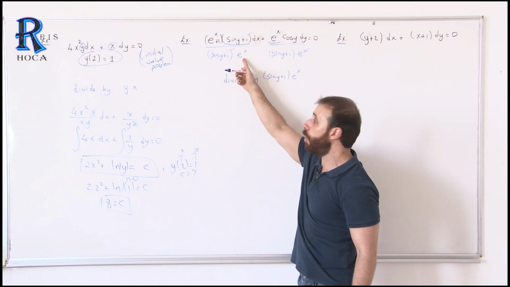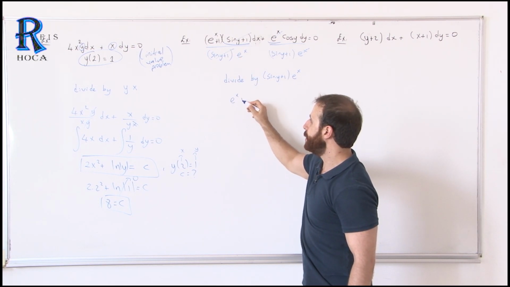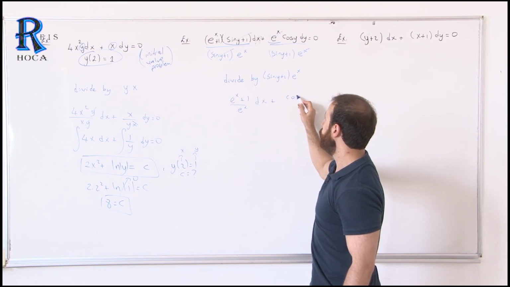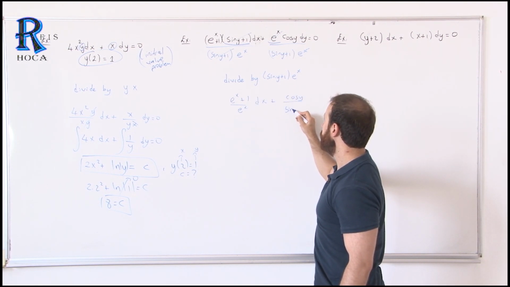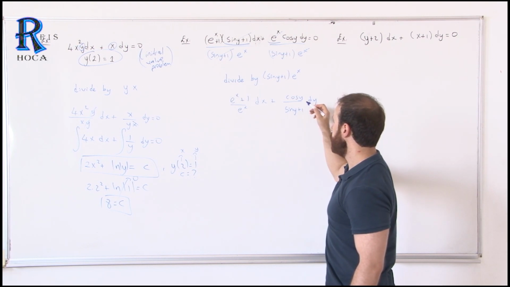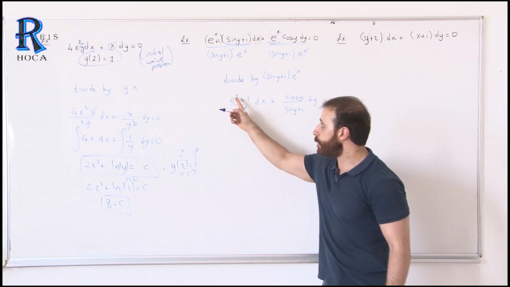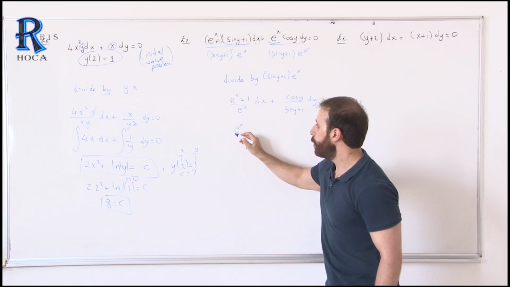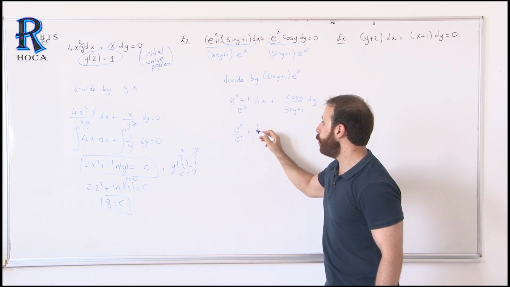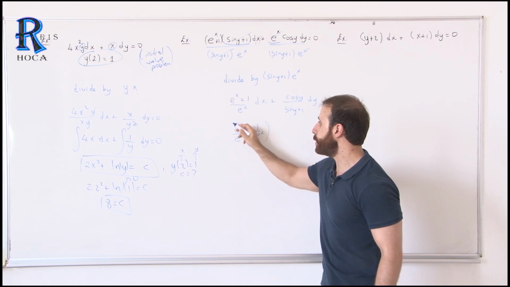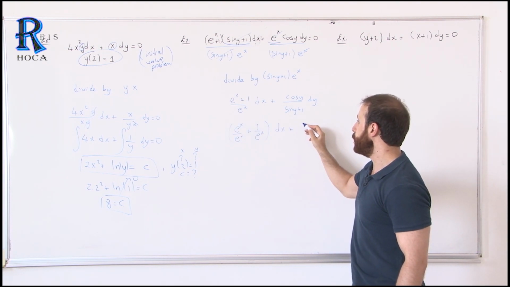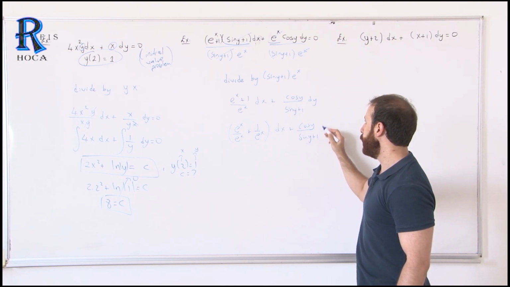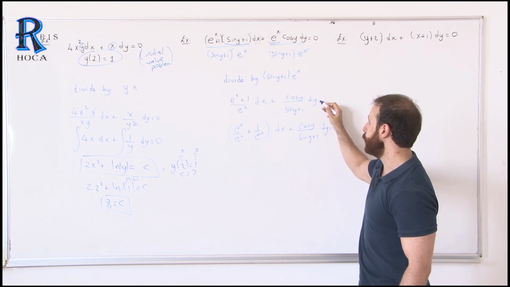Exponential x over exponential x, let's write it the long way. dx plus cosine y over sine y plus 1 dy. And continue: exponential x over exponential x, then 1 over exponential x dx, and here cosine y over sine y plus 1 dy equals 0.